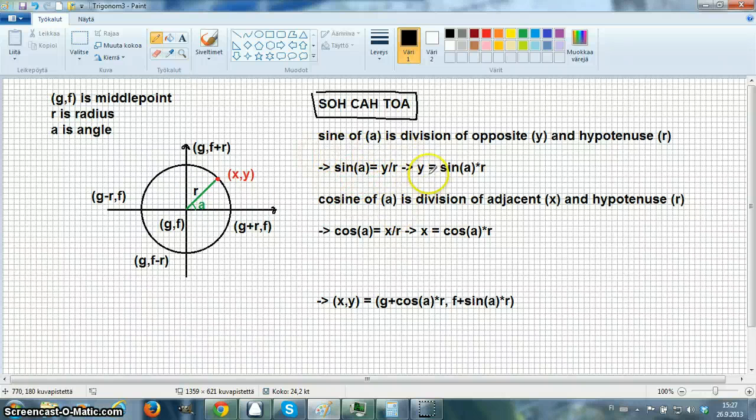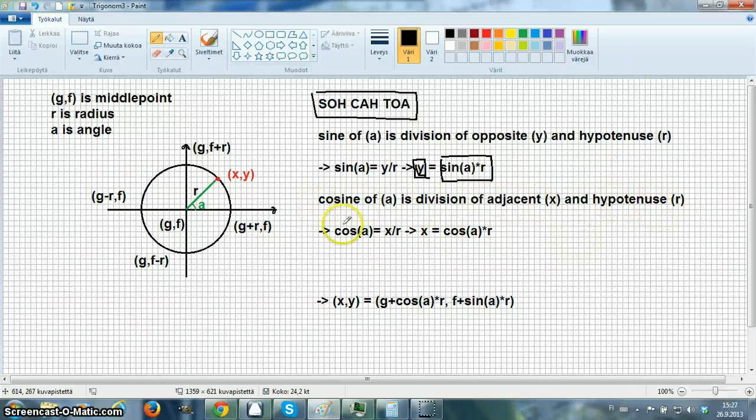By this formula we know what y is: y is sin of A multiplied by r.